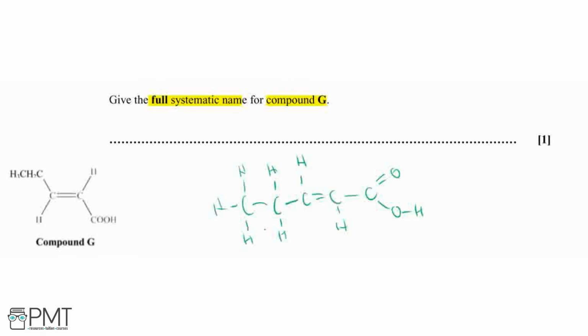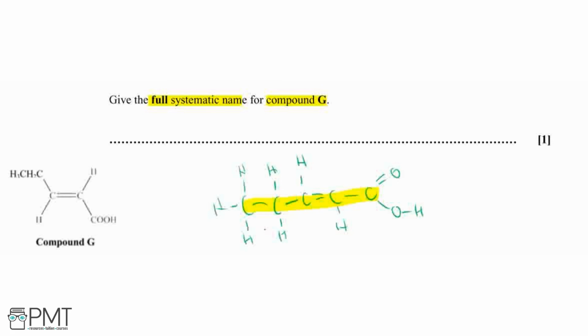So now what we want to do is try and identify what our main functional groups are. So we've got an alkene here, and we've got a carboxylic acid. So we need to find the longest carbon chain which includes all of these functional groups. So here we've got a 5 carbon chain overall.